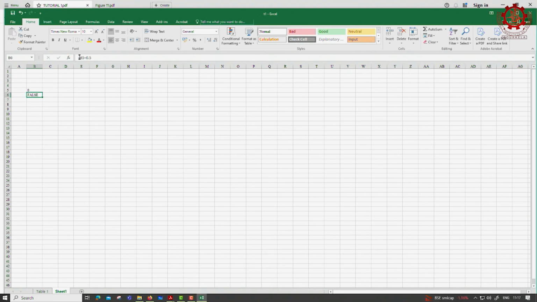Oh, I typed it the wrong way. I selected the step by 0.5. I think my numbers are small. How can I zoom this?